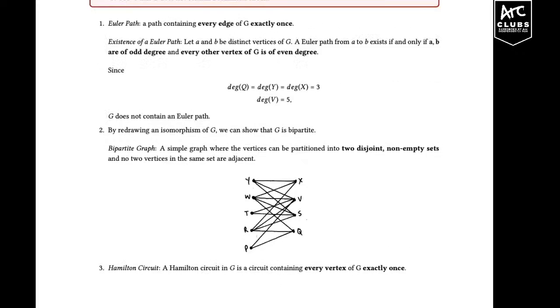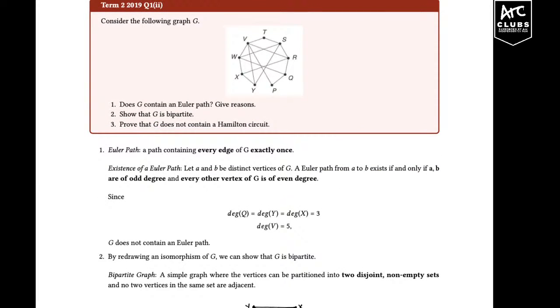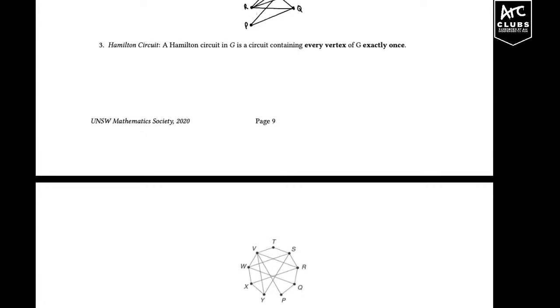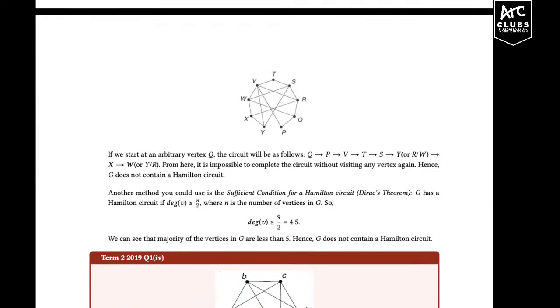Okay, so moving on to question 3, this is probably the hardest part of this question, and it says to prove that G does not contain a Hamilton circuit. The definition of a Hamilton circuit is a circuit that contains every vertex of your graph exactly once. I have my graph down here from the question, and one simple circuit you can try is to start at vertex Y and go around my cycle.